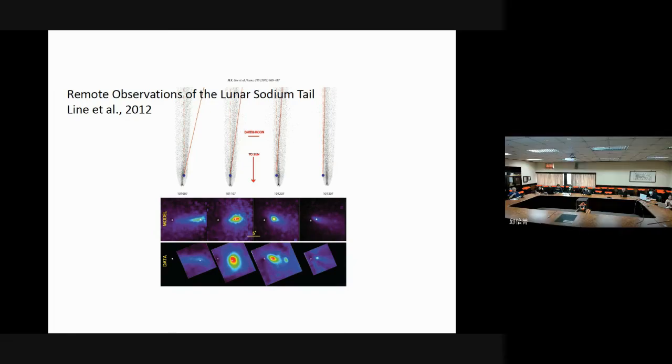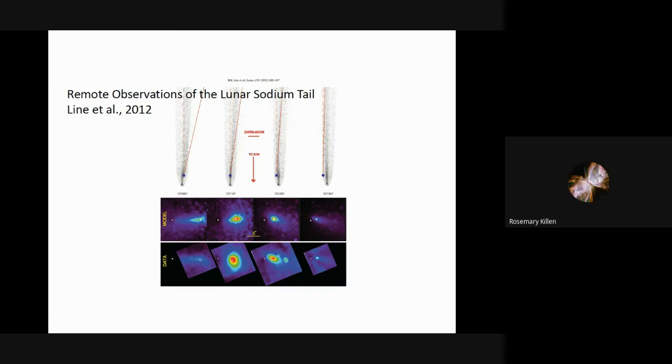They were looking anti-solar, and they did a model, and they figured out that what they're looking at is the lunar sodium tail. And this is the column abundance along these solid red lines through the lunar sodium tail.